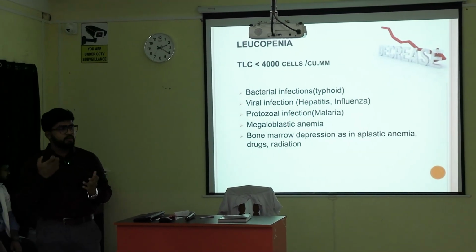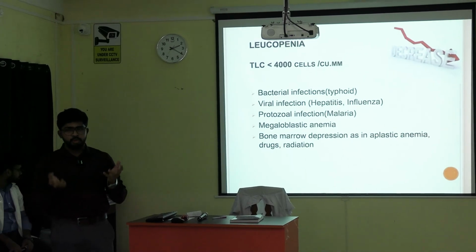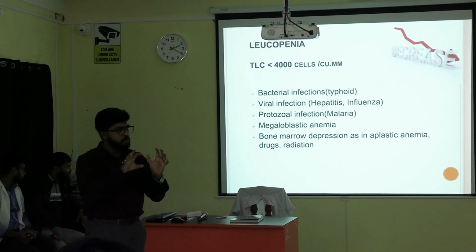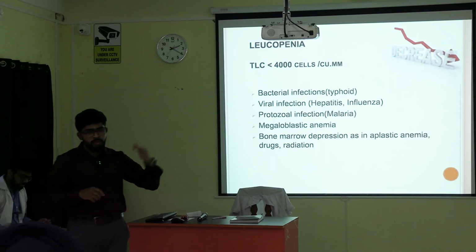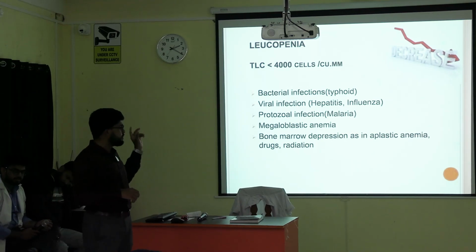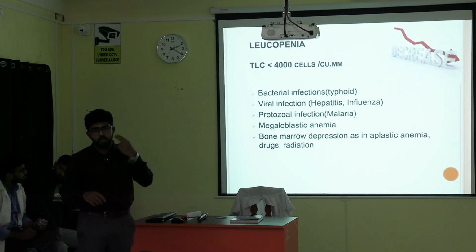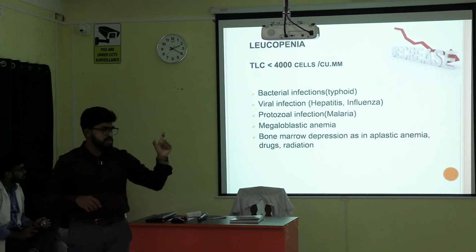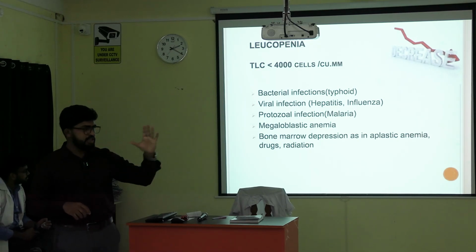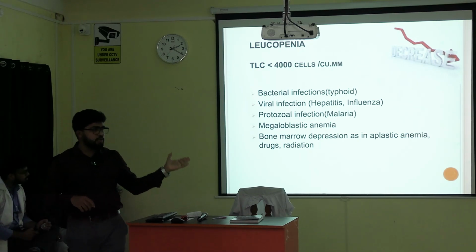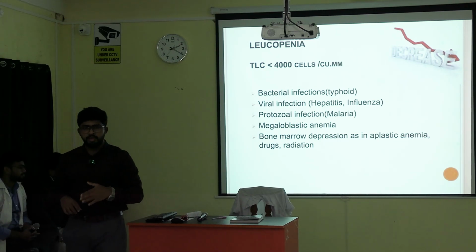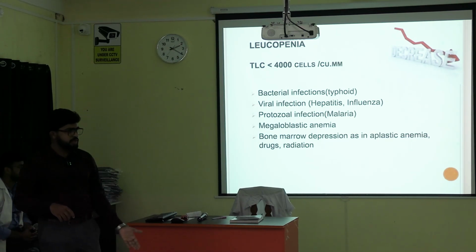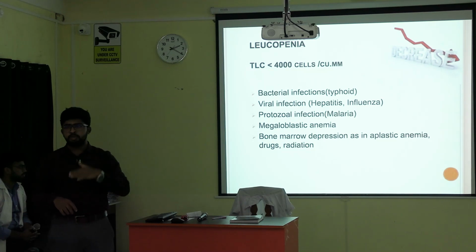When increased filtering occurs, most of the lymphocytes get stuck in the spleen, so there are fewer lymphocytes in the blood. We know lymphocytes are the second most common contributor to the WBC count in our blood. The first is the neutrophil, which comprises almost 60 to 65%. Then there is the lymphocyte. So when the lymphocyte count reduces, there is a reduced WBC count.